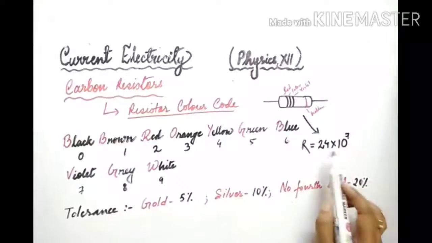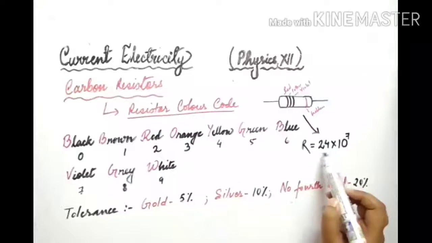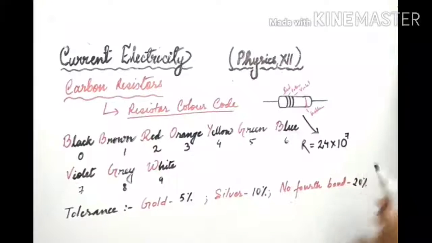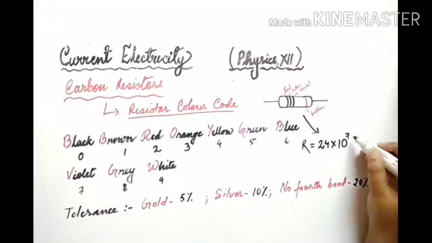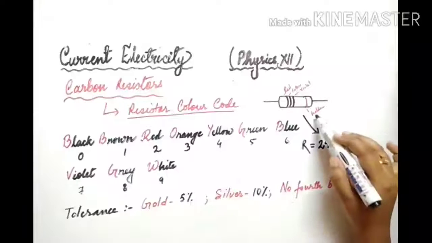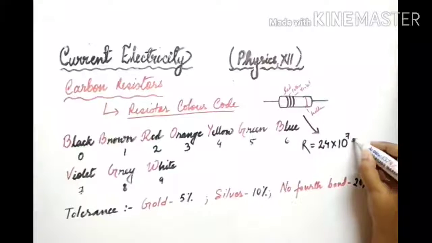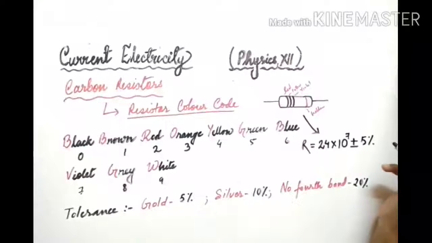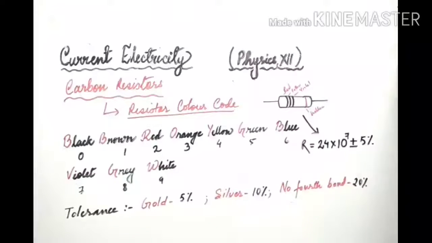So the first two digits you write in this manner, and the third color's number is the power of 10. Since you have a tolerance, that is the accuracy of this resistance, it is accurate up to plus or minus 5%. This is the difference between the actual and the theoretical value.